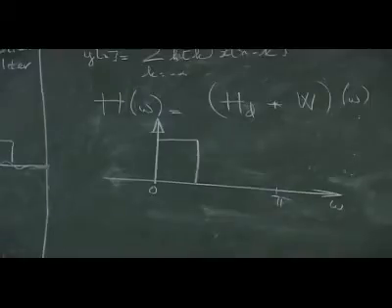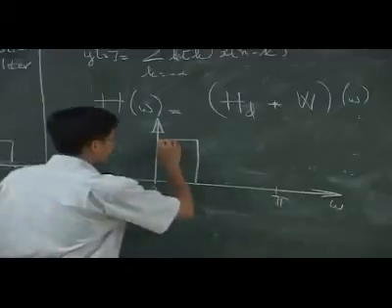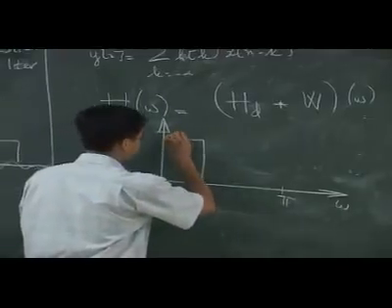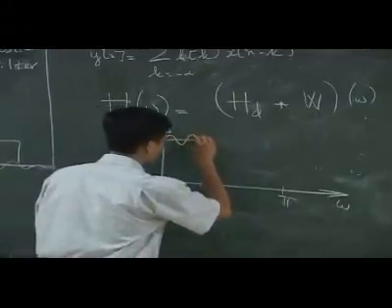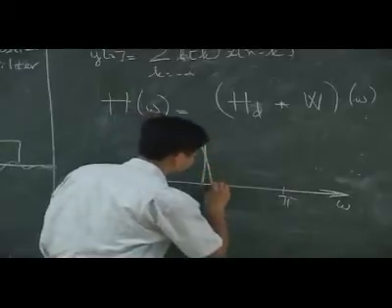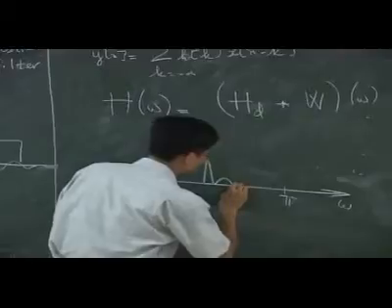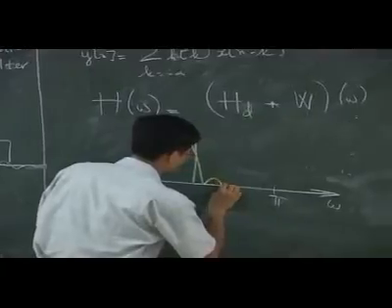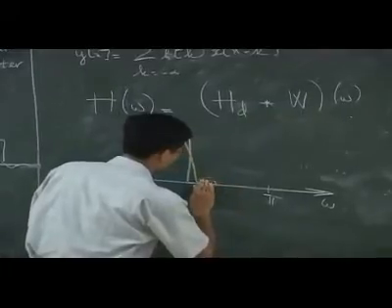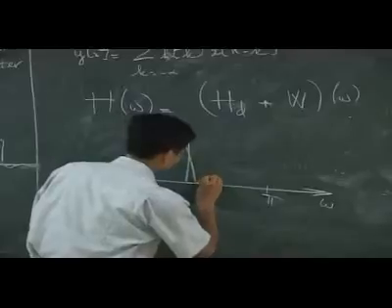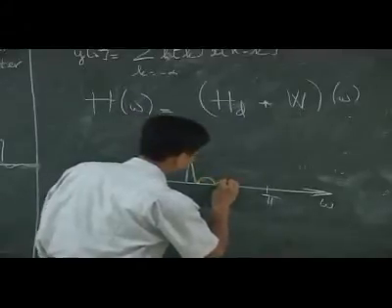So if I want to simply cut off, then what we have is something like this, and then I'm going to draw maybe the magnitude, right? Because it's real.